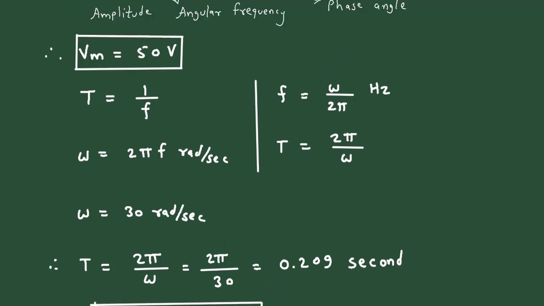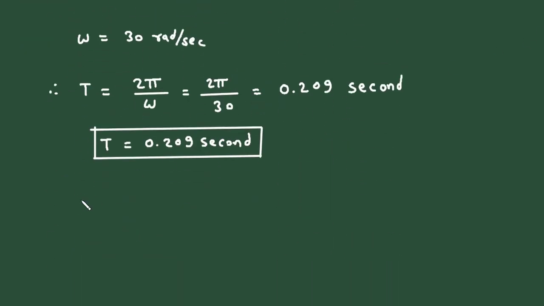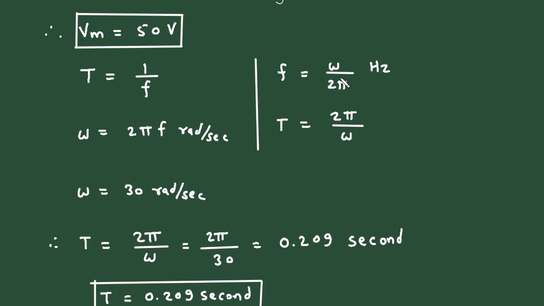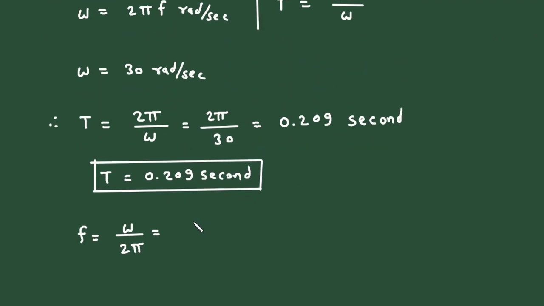Then next we have to find the value of frequency. So frequency is equal to, we have the formula omega upon 2 pi. So omega divided by 2 pi. The value of omega is 30.